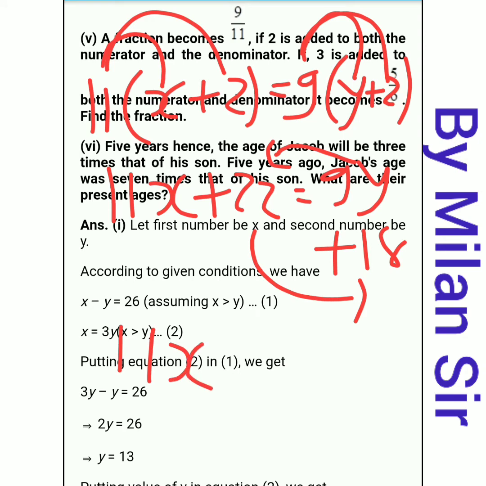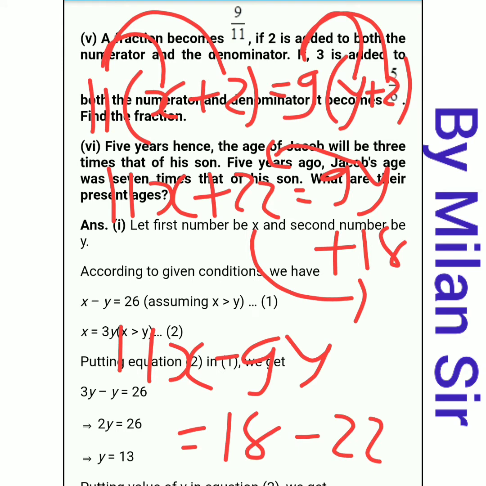If we transfer 9y to the left hand side, it becomes minus 9y, and if we transfer 22 to the right hand side, it becomes minus 22.